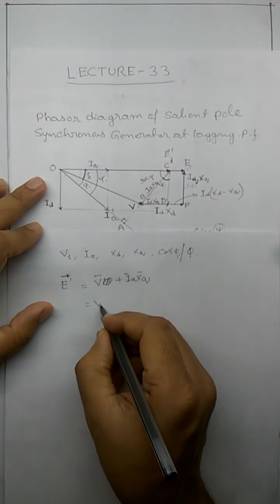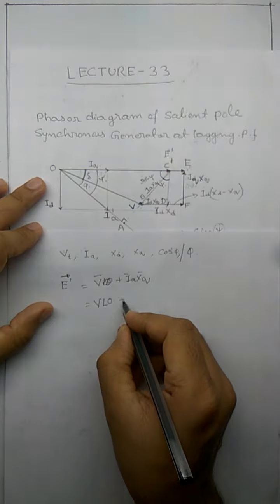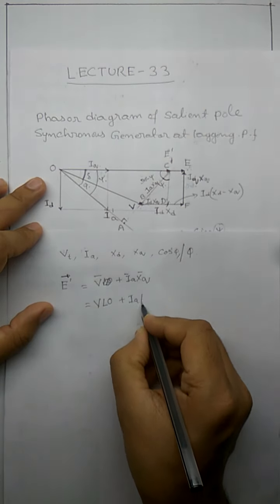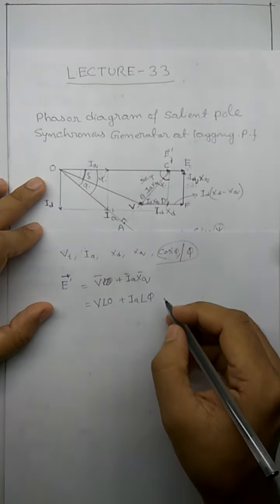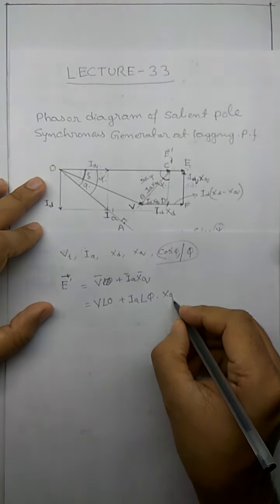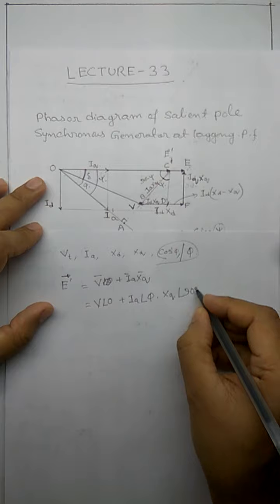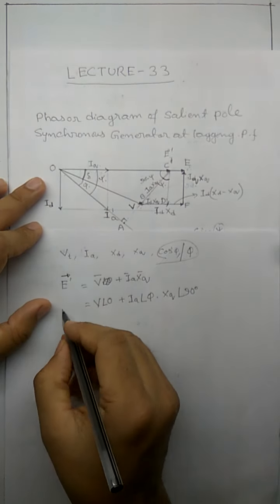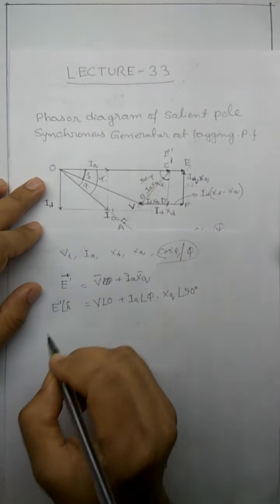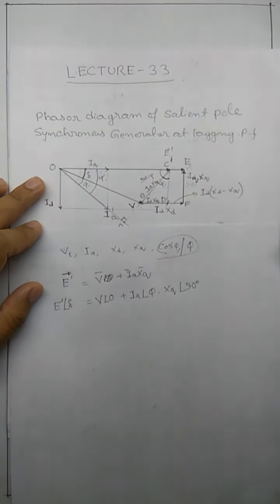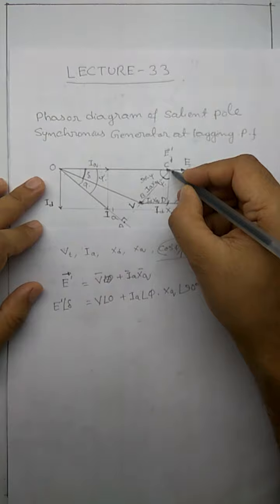So we can write it as V at an angle 0 plus IA at an angle phi, where phi will be given to us, into XQ at an angle of 90 degrees. So if we evaluate this, we will find E dash at an angle delta. So we have found out this.